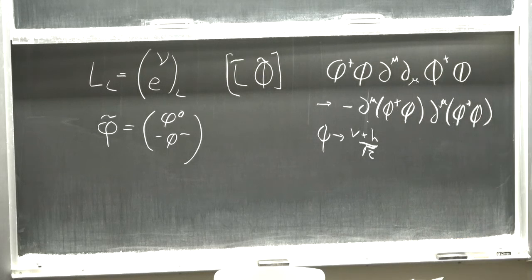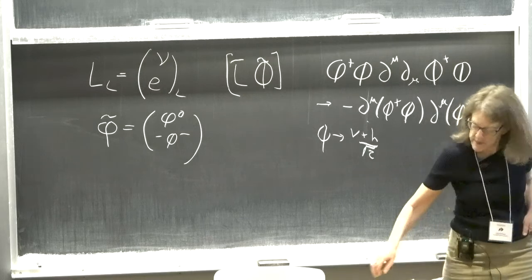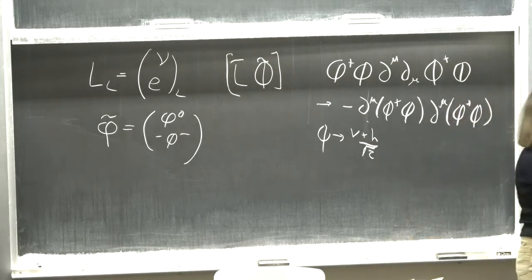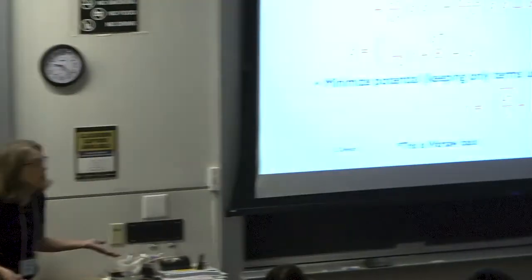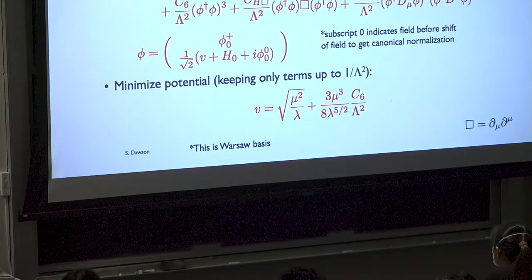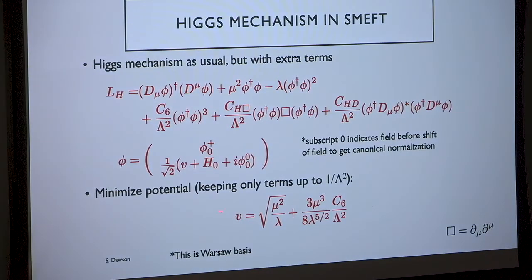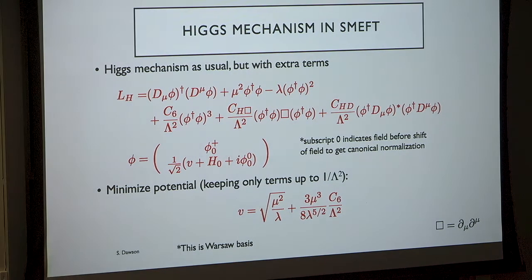Okay, so if I look at the other terms, the terms without derivatives, all I have to do is minimize the potential just like in the standard model. So I've got this guy here. I take the derivative of the potential with respect to phi, I find the minimum of phi, and I look at the VEV. So here's the VEV in the SMEFT. This is the standard model piece, mu squared over lambda. Note I flipped the sign here so that mu squared is positive.